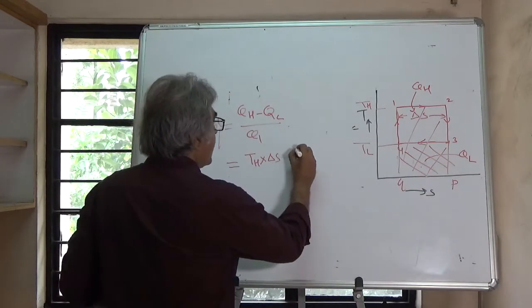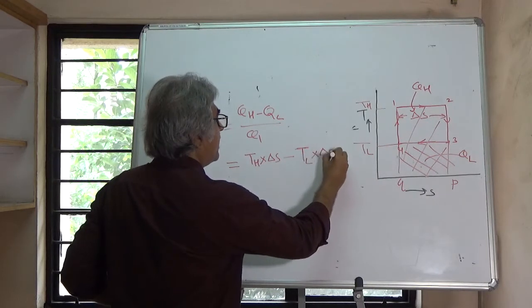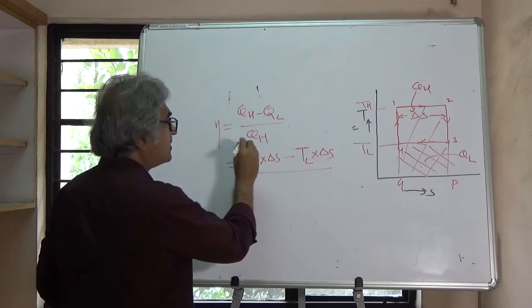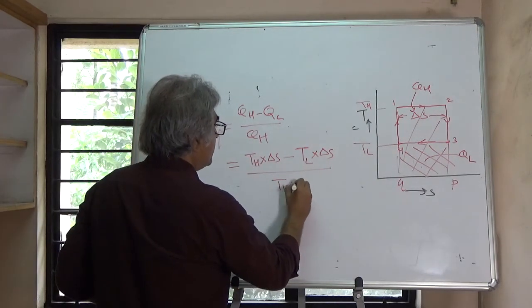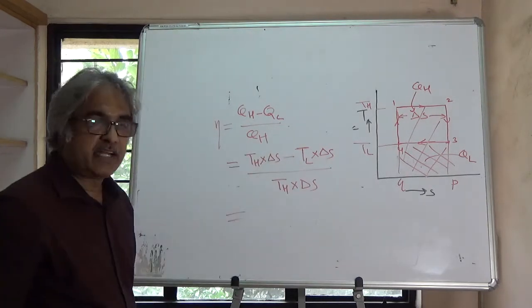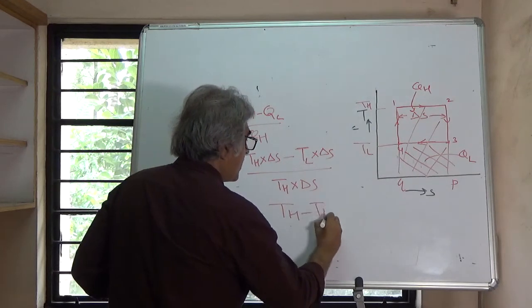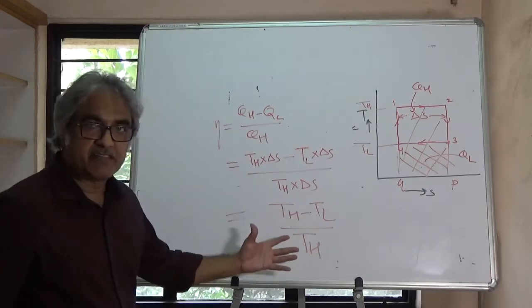So I can write QL as TL into delta S. Here you have QH, which is also TH into delta S. So what you get, you can remove all the delta S, and what you get is TH minus TL upon TH. You are familiar with this, right?